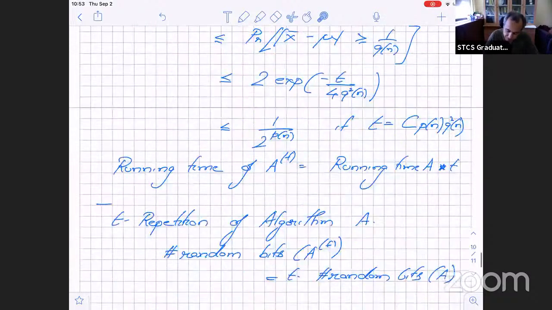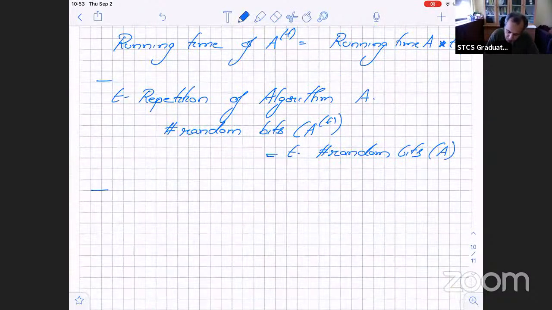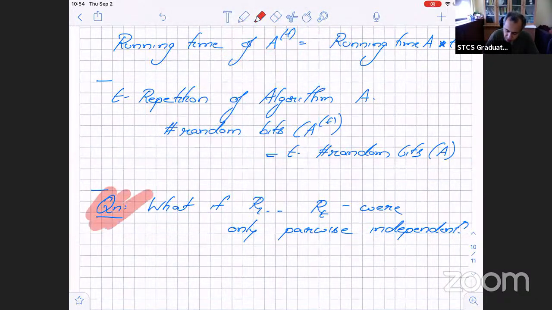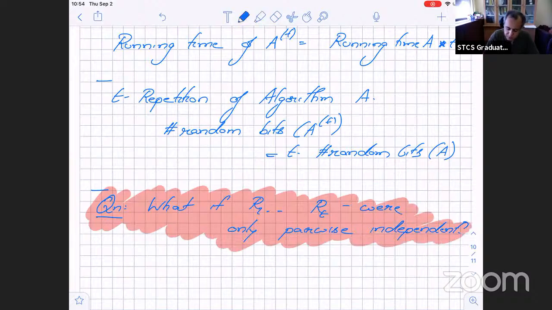The question we're going to ask now is, what if R1, R2, ..., RT were only pairwise independent? Let's write a tail inequality for pairwise independent random variables.